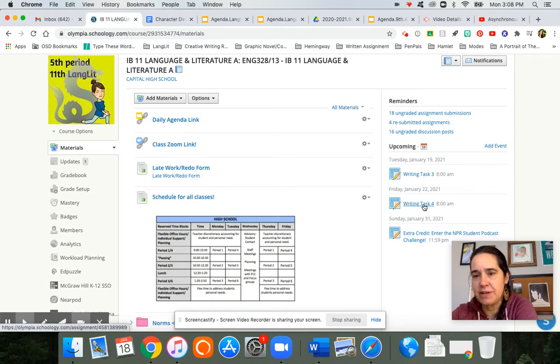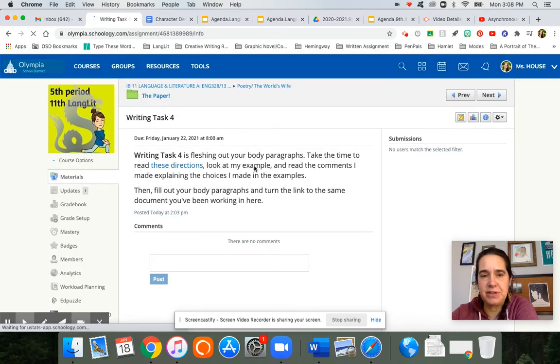That's the one that you're working on today, and hopefully you already turned in writing task 3, which was due at 8 o'clock in the morning, Tuesday. Writing task 4 is going to be to build your body paragraphs.